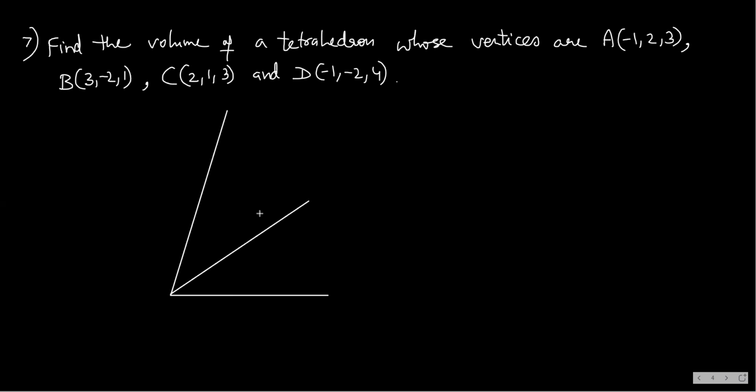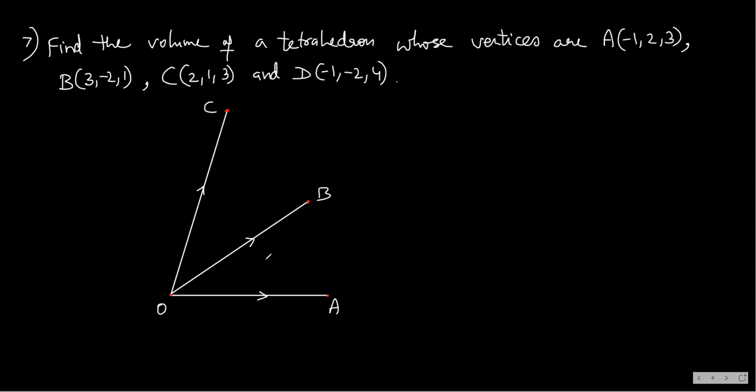They are not giving us the three coterminous edges in the form of vectors. So suppose this is O, this is A, this is B, and this is C. These are the four vertices of the tetrahedron.